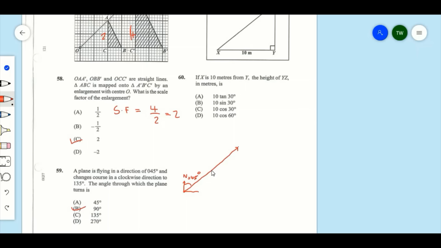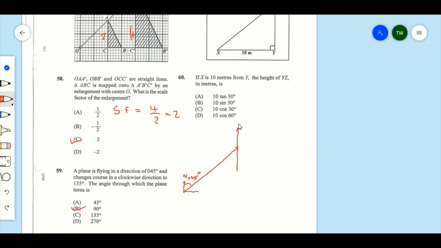Then the plane changed course to now 135 degrees. So let's say that it reaches this point. Here we need a north line again to show. And from north, we need 135 degrees.